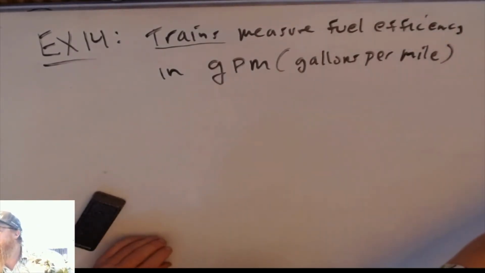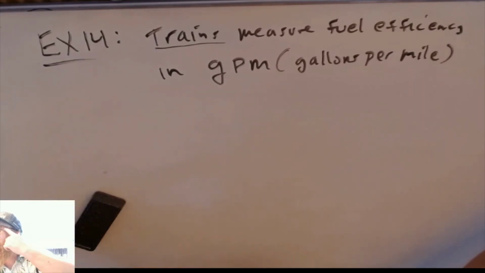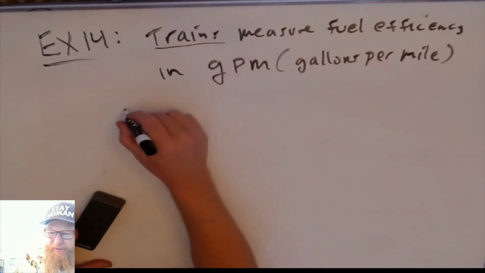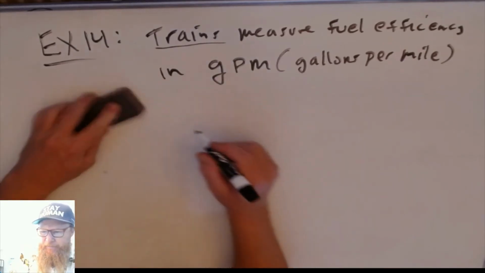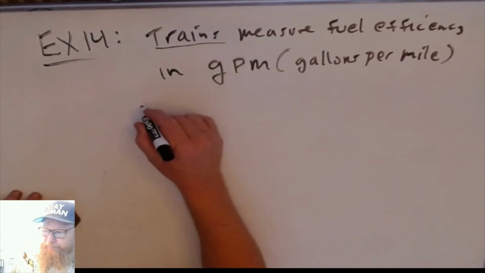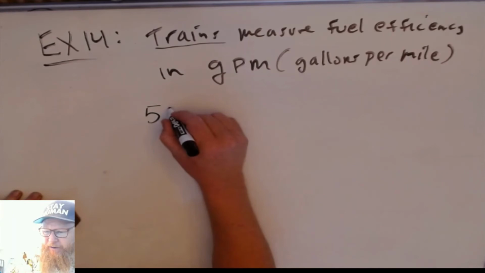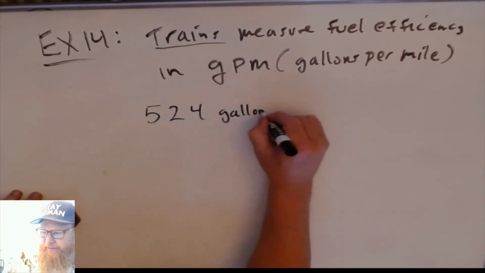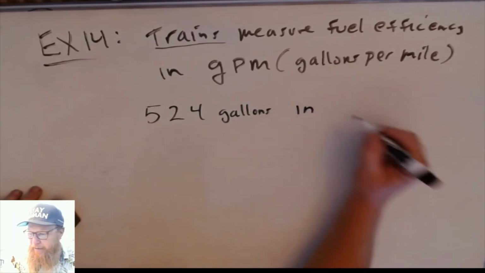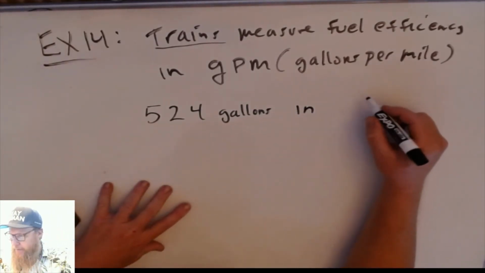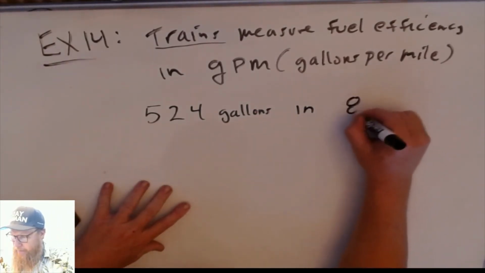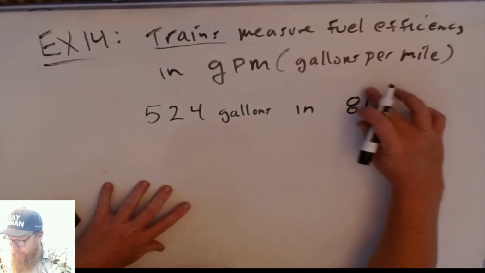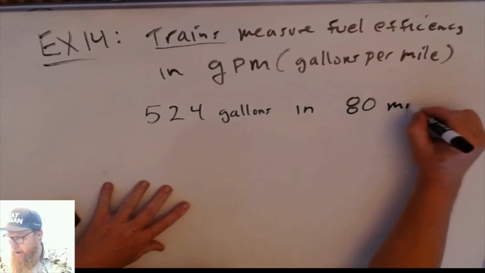And I have an example here. Suppose I use 524 gallons in 81 miles. I'm just going to do 80 miles so it comes out nicer.